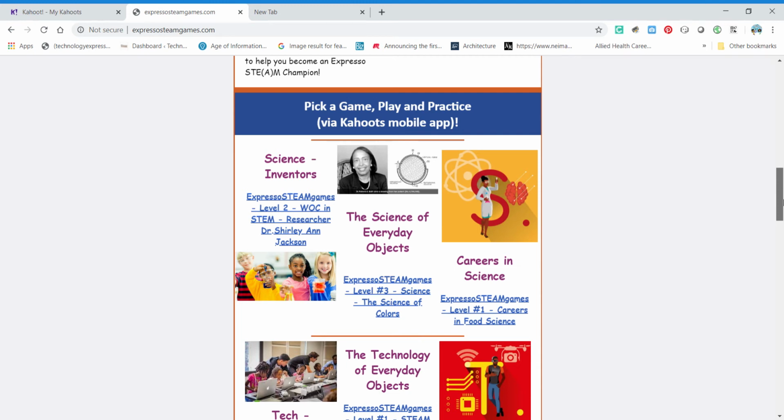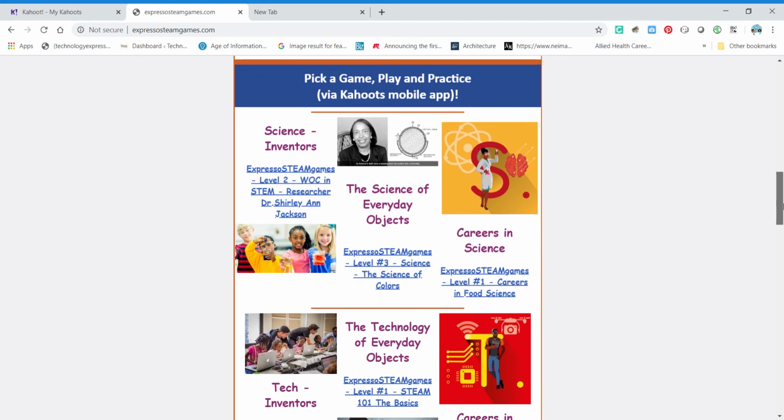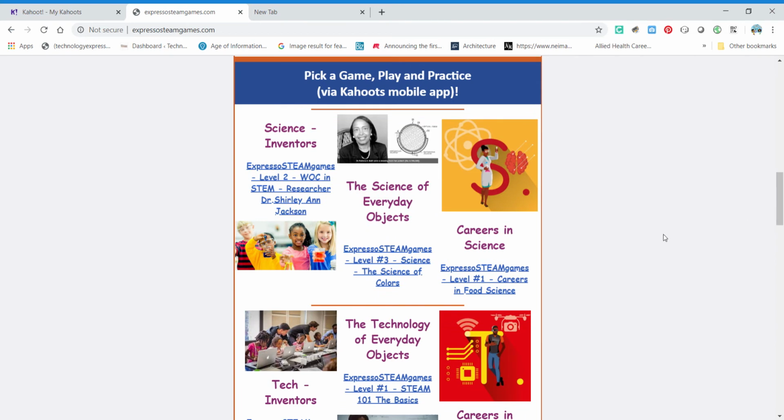So in our March newsletter, we broke out science and we showed three different sample games, and these are actual hyperlinks. And you'll notice the different levels. There's the pre-K that I talked about. Pre-K goes all the way up to first grade. Level 1, we recommend anywhere from second grade all the way up to fifth grade.